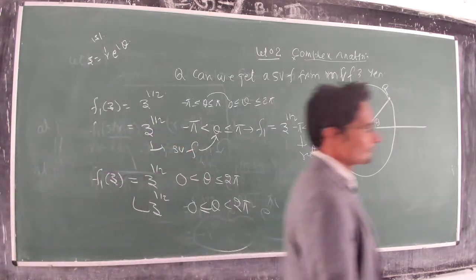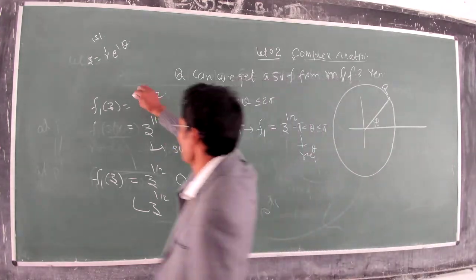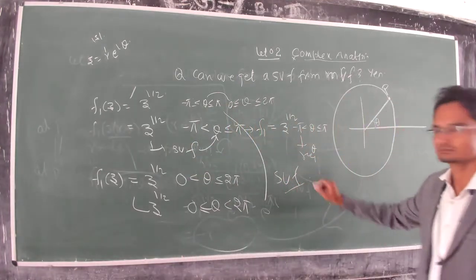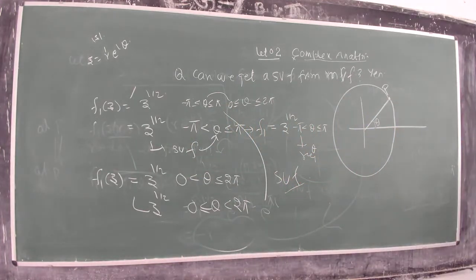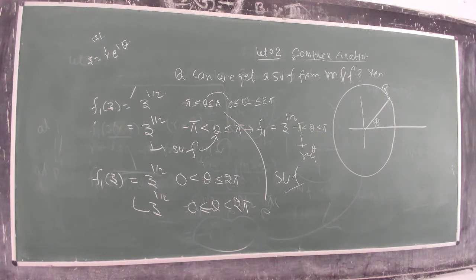So in this region your function is single valued. Whenever you have such a function, you should not cross the moment where you get the doubling of values.